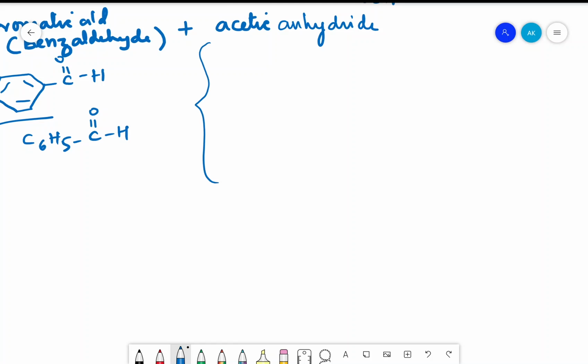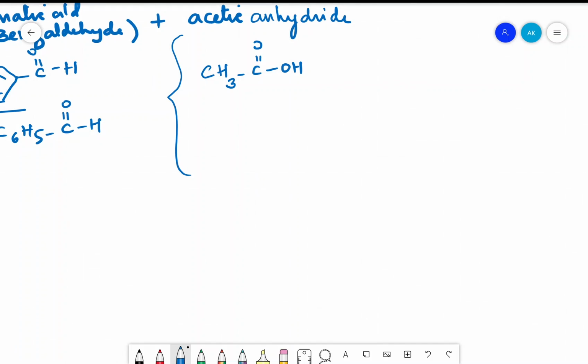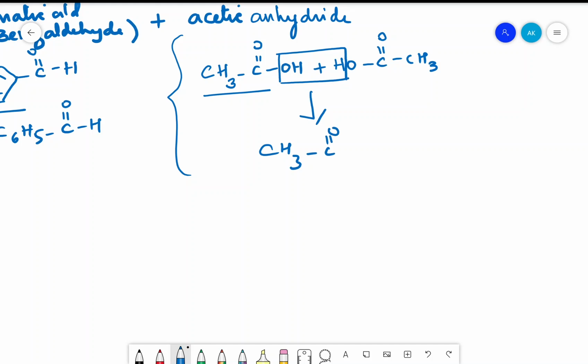That is, if I try to combine two acetic acid, that is CH3 C double bond O OH plus HO C double bond O CH3, when two acetic acids combine, followed by elimination of water, OH from one side, H from the other side, we are going to write this part as it is, that is CH3 C double bond O. This part is eliminated in the form of H2O, and the remaining part is O C double bond O CH3.